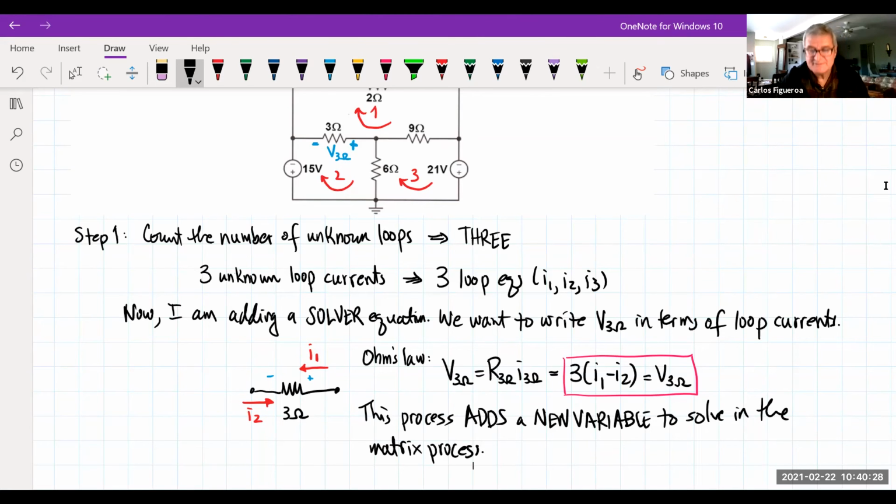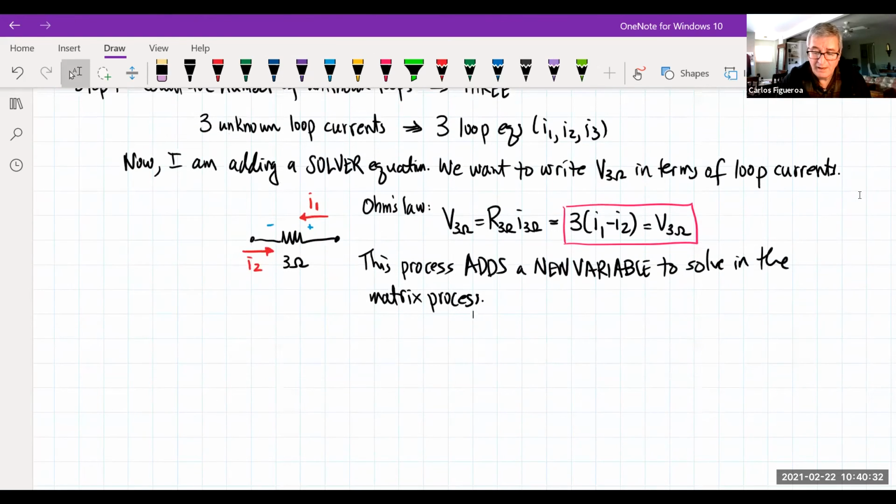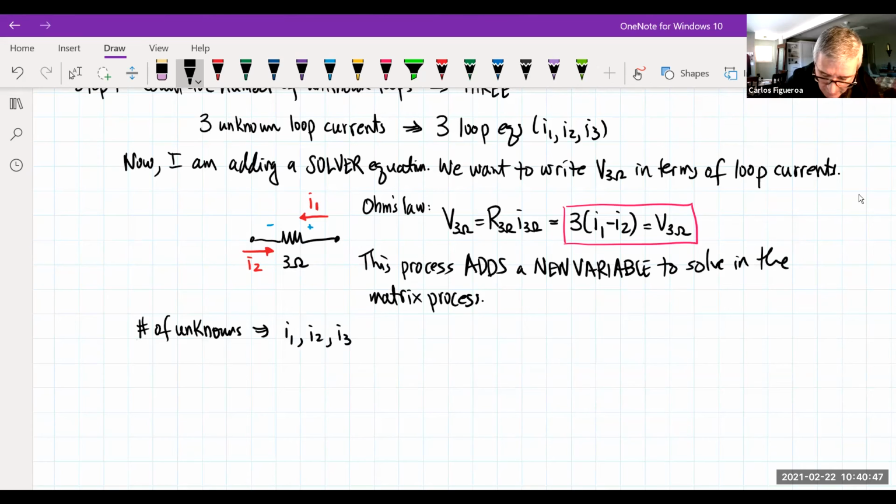So what I'm really saying is, I asked the question, how many unknowns? In this case, I have I1, I2, I3, and now we add in a solver, V3 ohm.